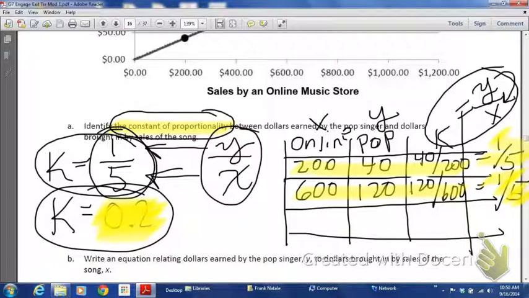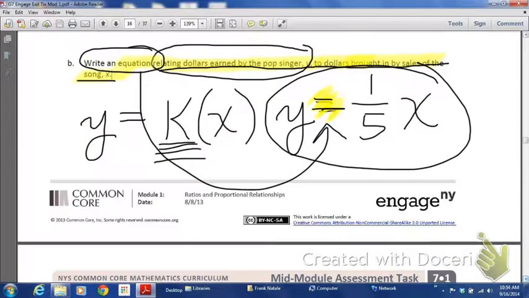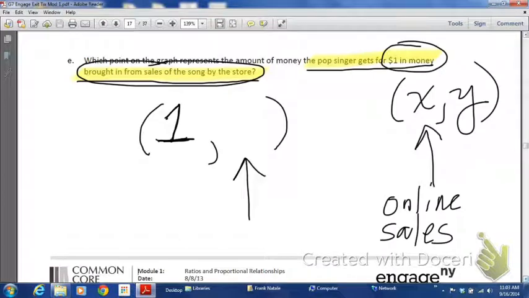So the K, the pop artist, is actually earning 1/5 of $1 for every $1 that the online music sales bring in. So 1/5 of $1 is 20 cents.